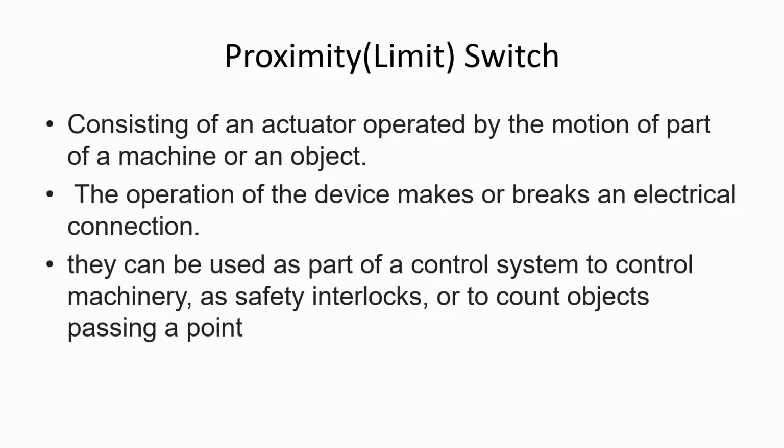The operation of the device makes or breaks an electrical connection. In that way, it gives an input to the system that this particular part of the machine has reached this limit, or the object has reached this limit.